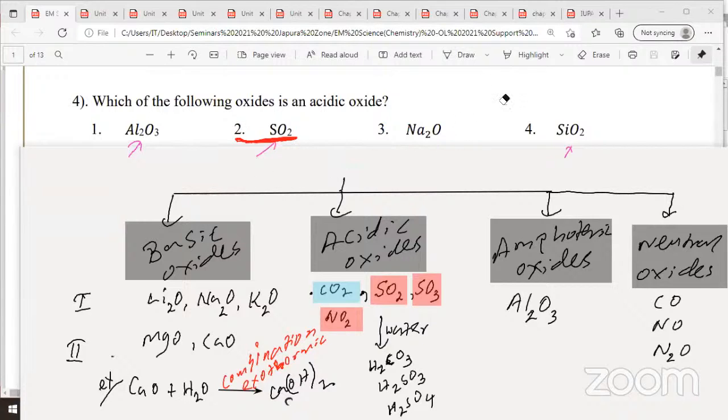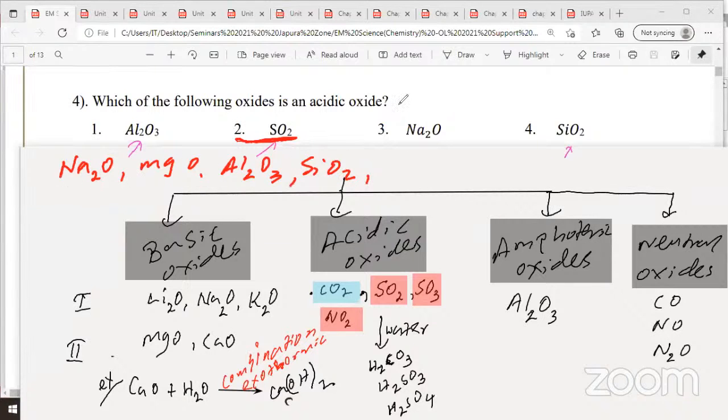Look at the screen, everyone. If you take the third period oxides: sodium oxide, Na2O, magnesium oxide, MgO, aluminium oxide, Al2O3, silicon dioxide, SiO2.